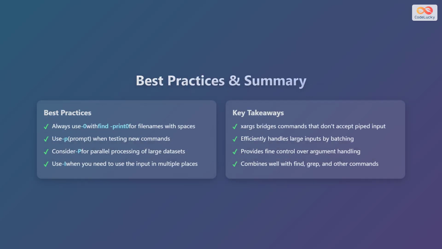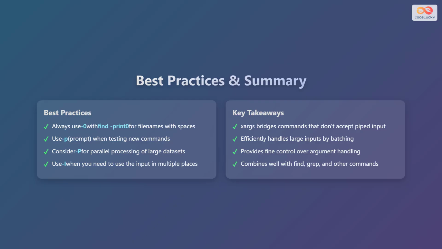Let's wrap up with some best practices and key takeaways for using xargs effectively. First, it's always recommended to use the -0 option with find's -print0 option when dealing with file names that might contain spaces. Also, use the -p option to prompt for confirmation when testing new commands to avoid unintended consequences.